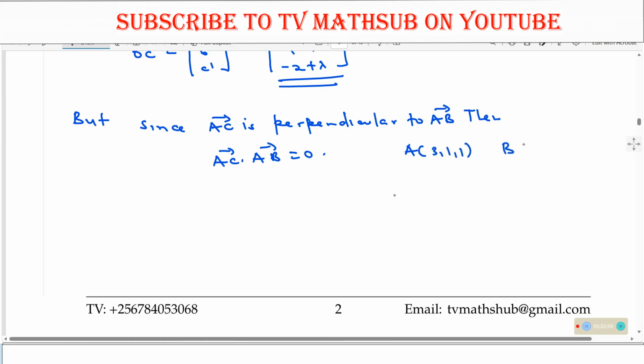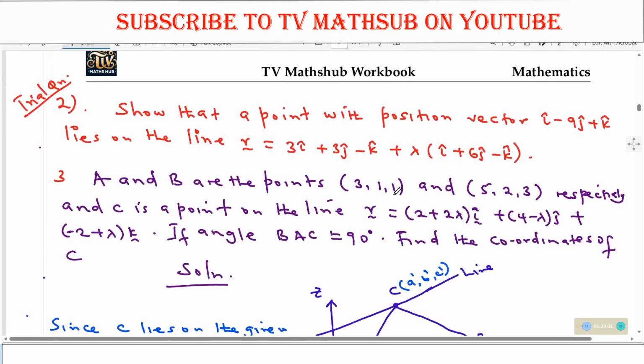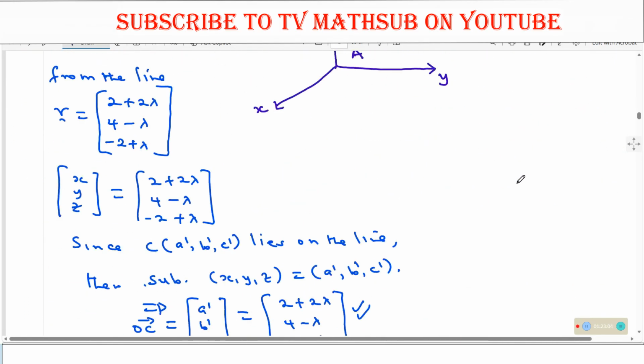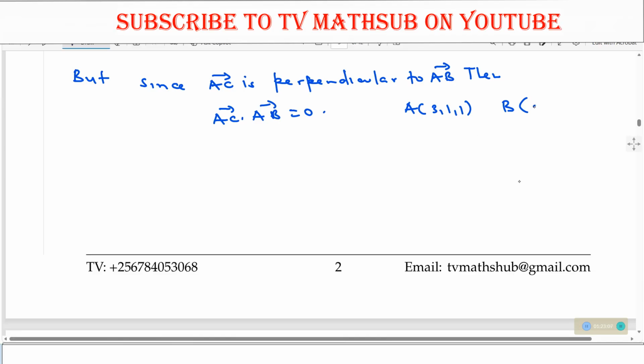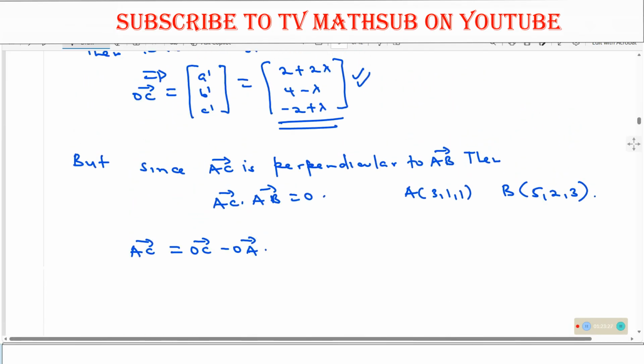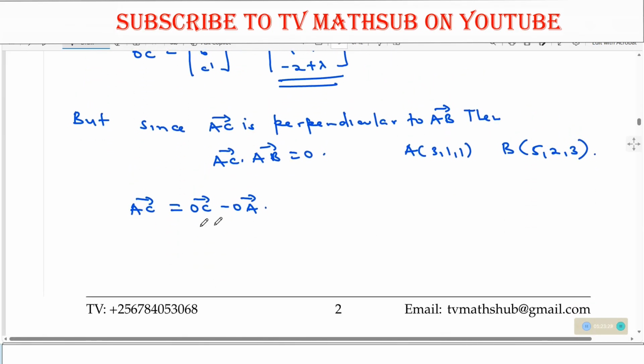B is 5, 2, 3. So what will be AC? Let us get AC. AC is OC minus OA.